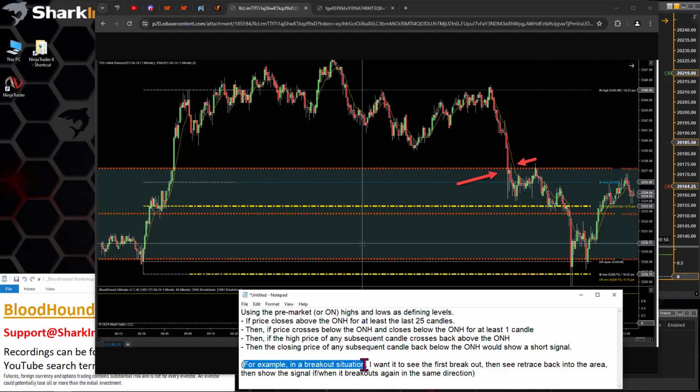It depends on the system, and more importantly, it depends on how long it takes to go from one condition, which in this case is the first breakout, and then how long does it typically take to go to the second situation, or in this case, the second breakout, right?